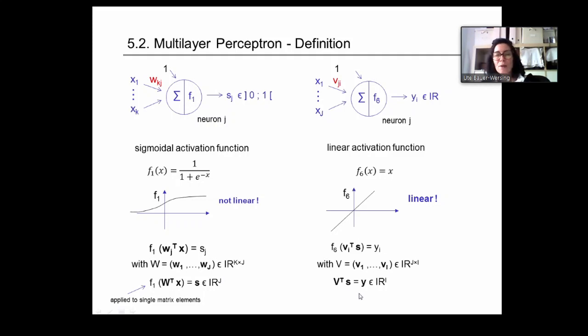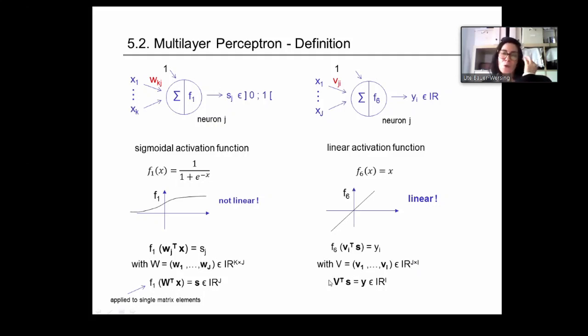We can do the same thing for the output layer. We can summarize the weights of all the neurons in the output layer into a matrix. So we have a J by I matrix, with J rows and I columns.